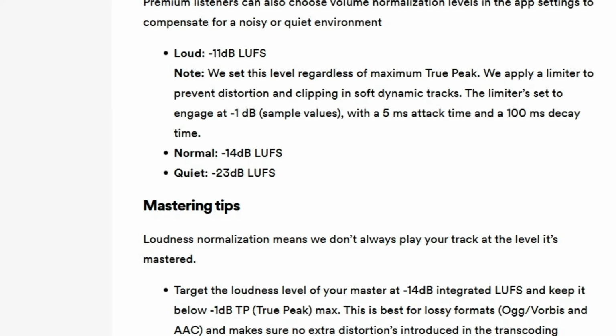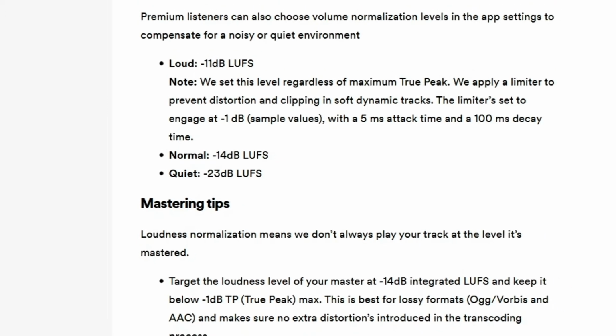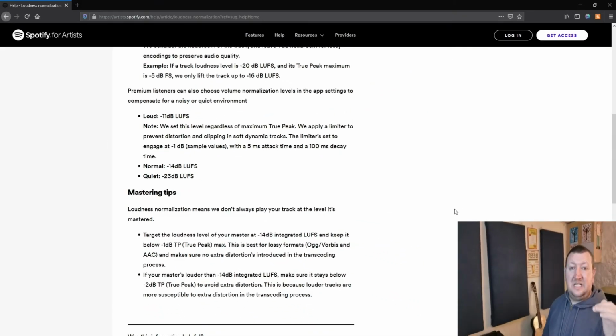We apply a limiter to prevent distortion and clipping in soft dynamic tracks. The limiter is set to engage at minus 1 dB with a 5 millisecond attack time and a 100 millisecond decay. So given this, if your track is between minus 11 and minus 14 or below minus 14, they will raise the level up to minus 11.